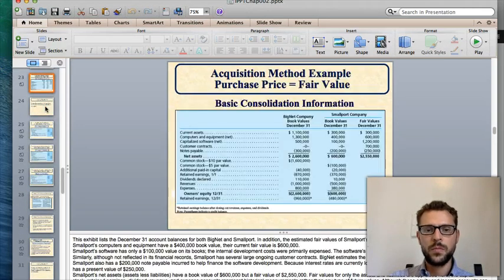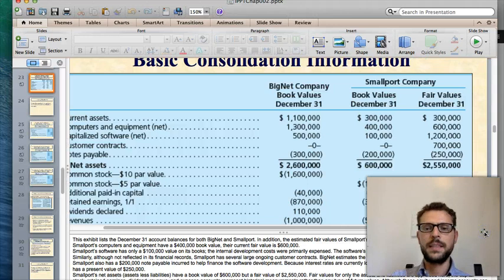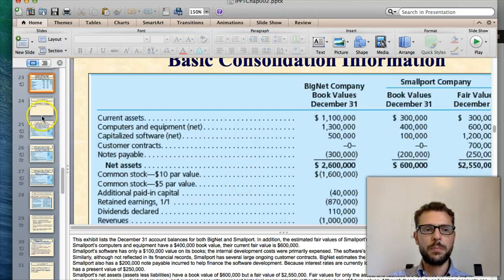The book value is $600,000, fair value is 2.55 million, right? BigNet is going to acquire this company, and we're going to put the journal entries based on that.